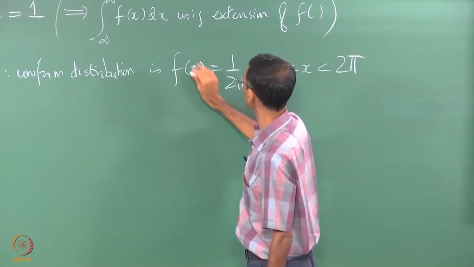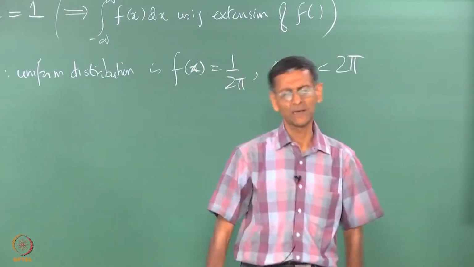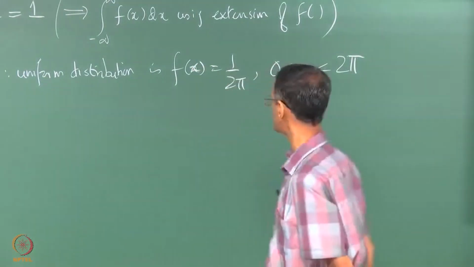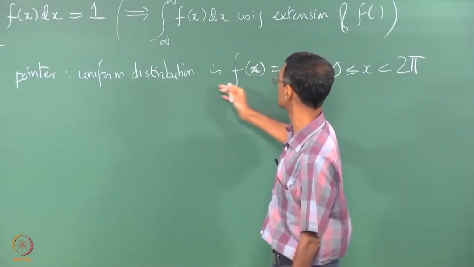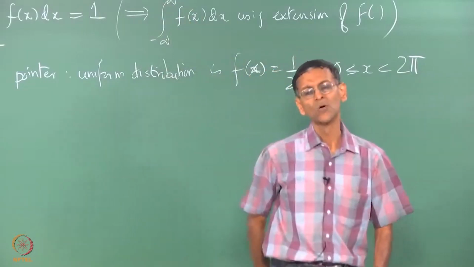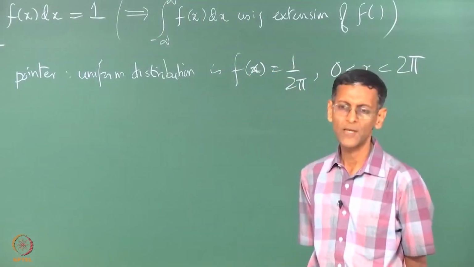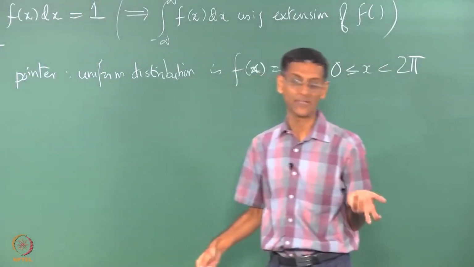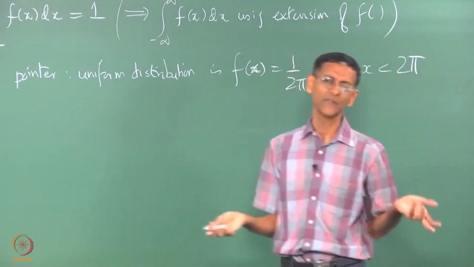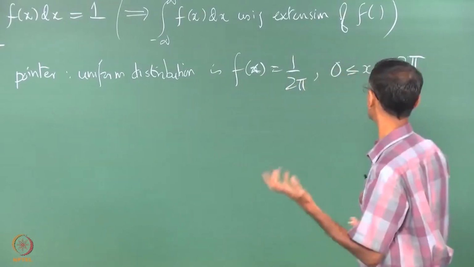So even if you did not want this particular distribution, if you wanted a different distribution, you can go ahead. All you need is any non-negative function f which integrates to 1, nominally, or any finite value, over the interval 0 to 2 pi, that will suffice. And obviously there is an infinite number of such functions.